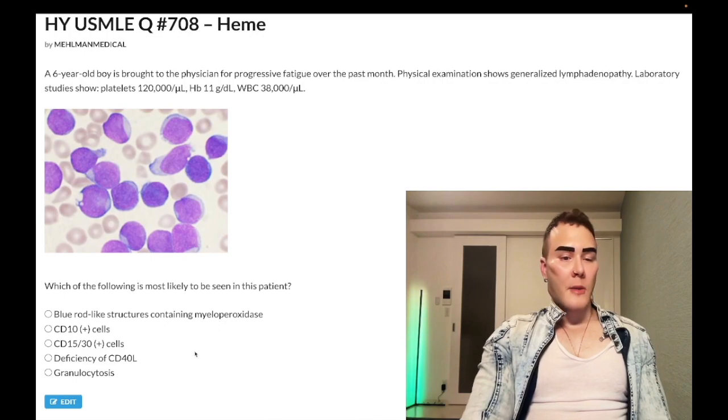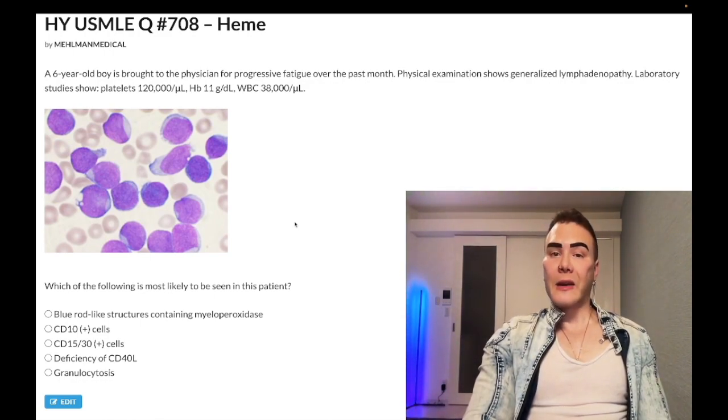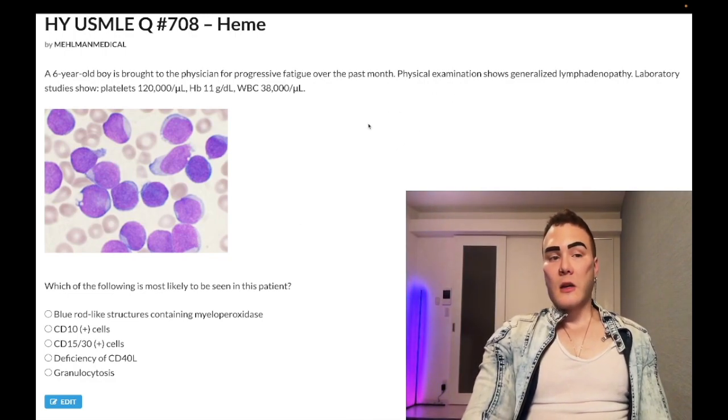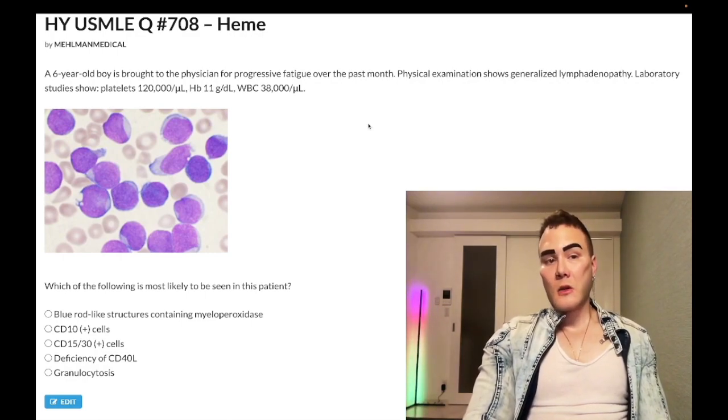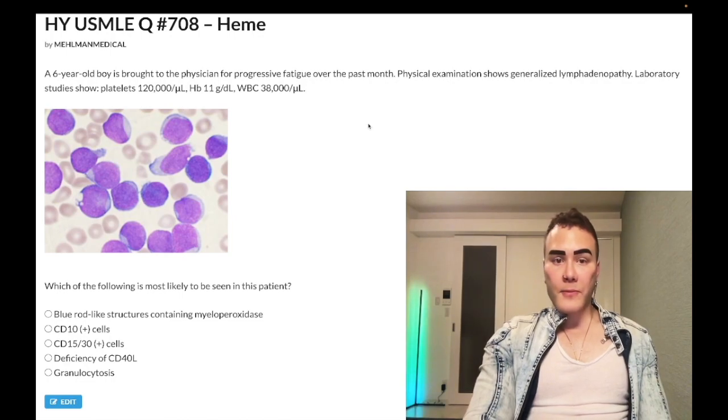Choice B, CD10 positive cells, correct answer. Refers to lymphoblasts that we get in acute lymphoblastic leukemia, ALL, which will be the answer for leukemia in a kid on USMLE, okay? And findings in leukemia in general, non-specific. You can get lymphadenopathy, you may or may not have low platelets, you may or may not have low hemoglobin, but I would say maybe 4 out of 5 questions, your white blood cells are going to be super elevated.